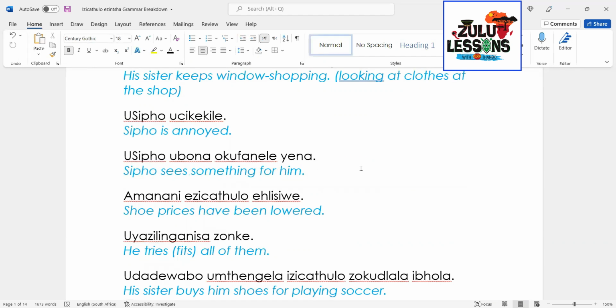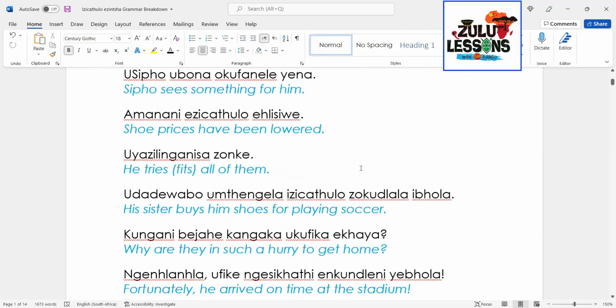Amanani ezicathulo ehlisiwe. Shoe prices have been lowered or reduced. Uyazilinganisa zonke. He tries on all of them, or he fits all of them. Udadewabo umthengela izicathulo zokudlala ibhola. His sister buys him shoes for playing soccer.